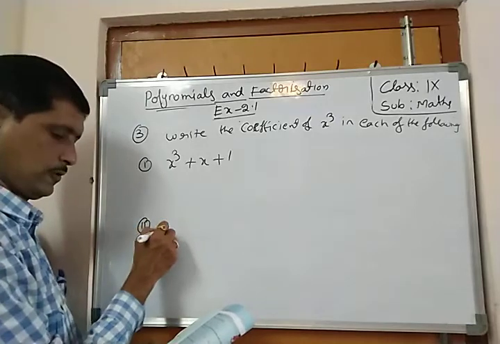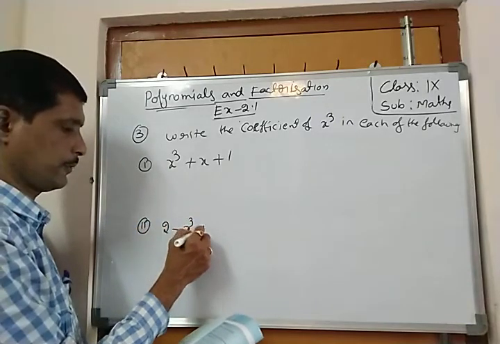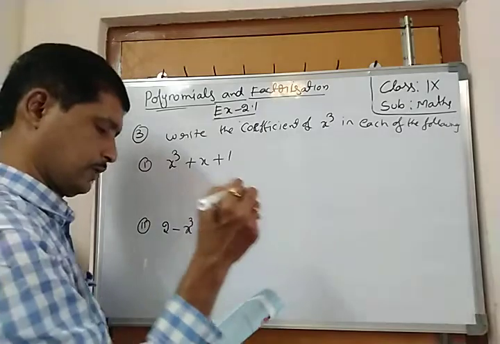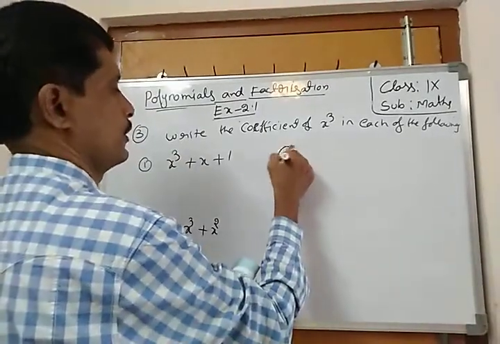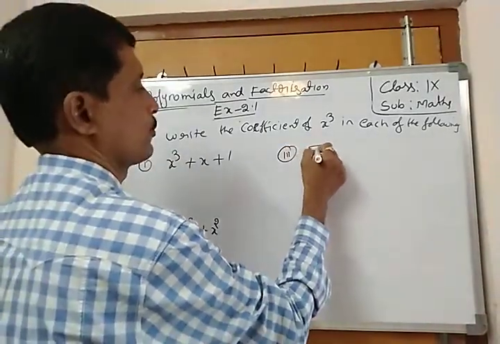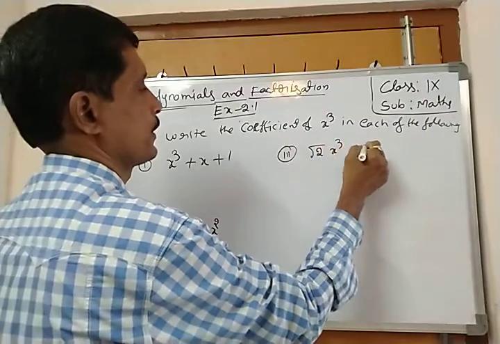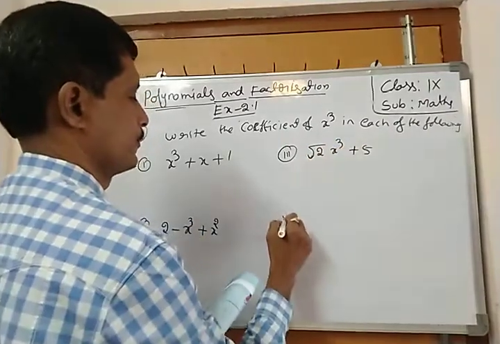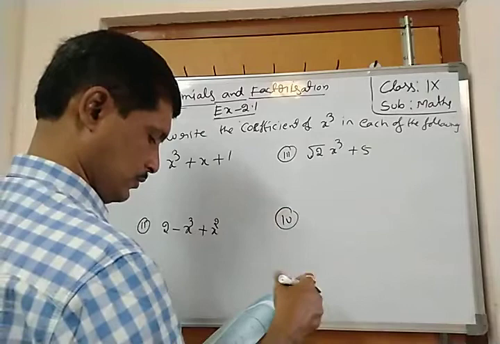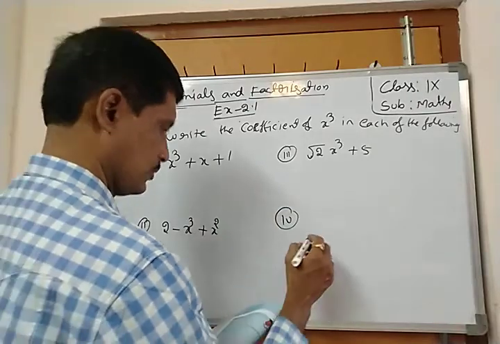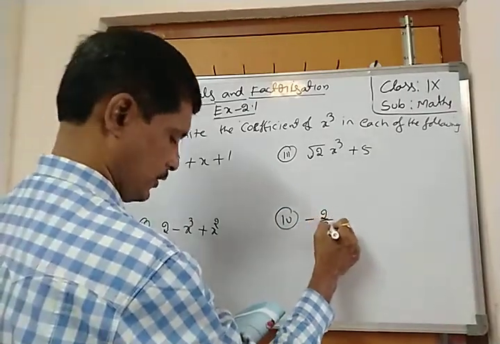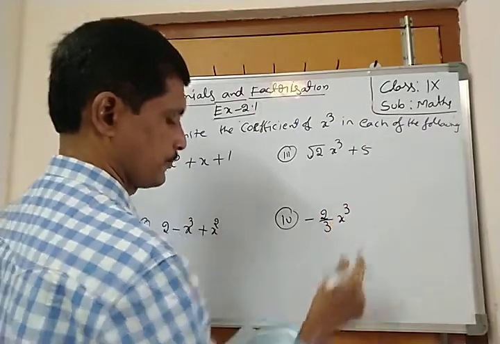Second one, 2 minus x cube plus x square. Next, third one, root 2 x cube plus 5. Here, minus 2 by 3 x cube.